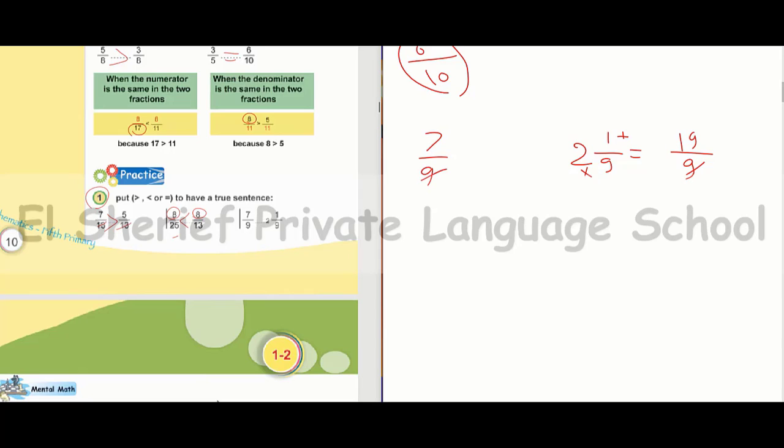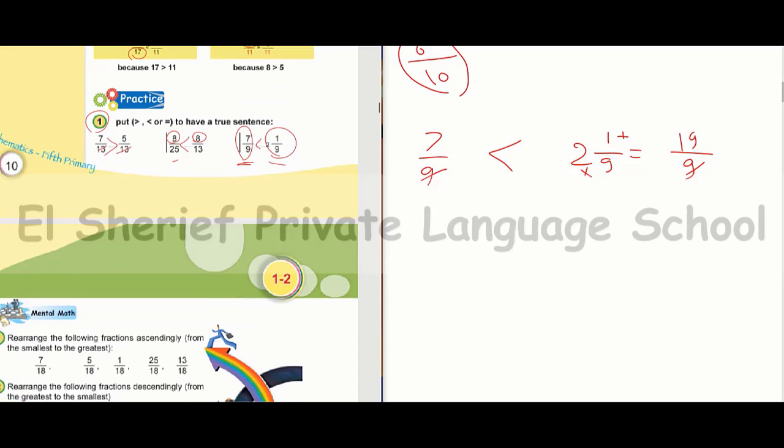Cancel 9 with 9. 7 is less than 19. So 7 over 9 is less than 2 and 1 over 9. We know that before, any proper fraction is less than any mixed number or improper fraction.